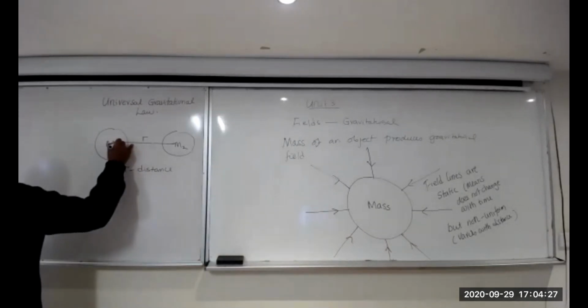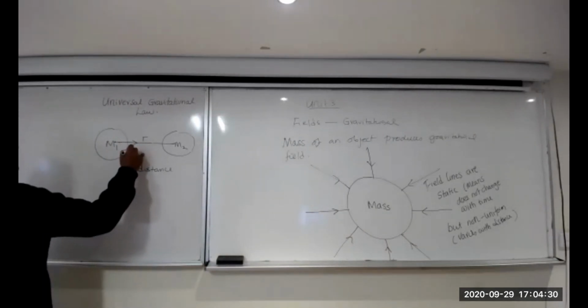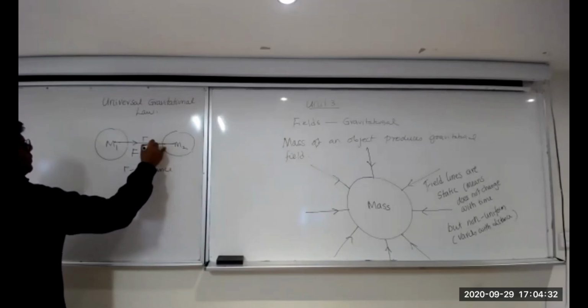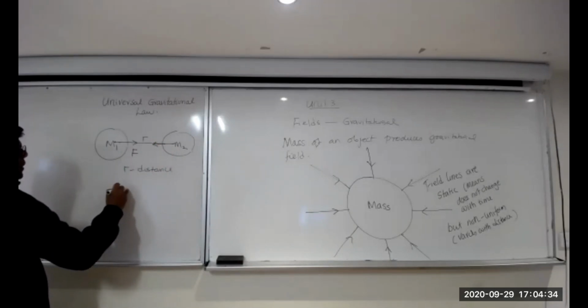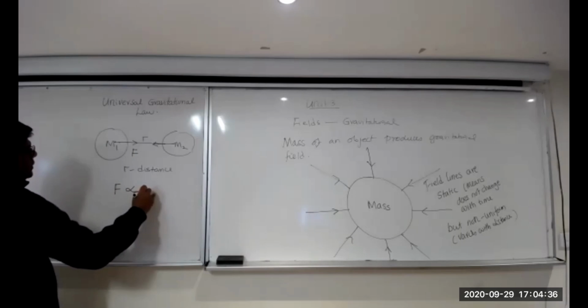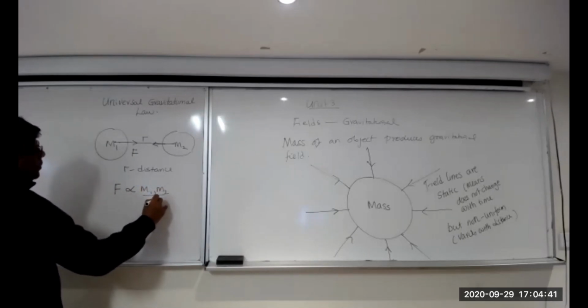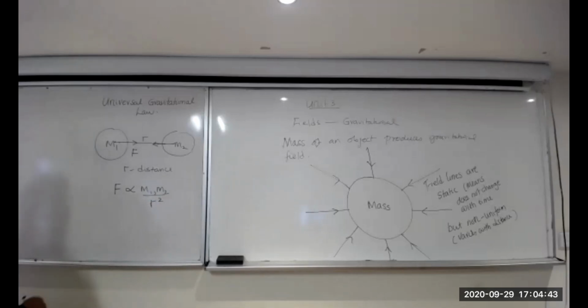Then there is an attractive force acting between the two. They are coming from Newton's third law. So this force is proportional to the masses and inversely proportional to the distance squared.